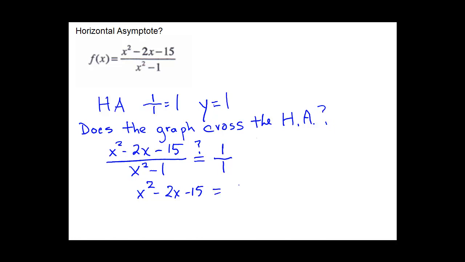And on the other diagonal, we would have x squared minus 1. Right, you have x squared on both sides. You would want to deal with that first, but when you subtract it, those are going to cancel. And so you have -2x minus 15 equals -1. Linear equation, so we're going to be able to solve this. We're going to add 15 to both sides.